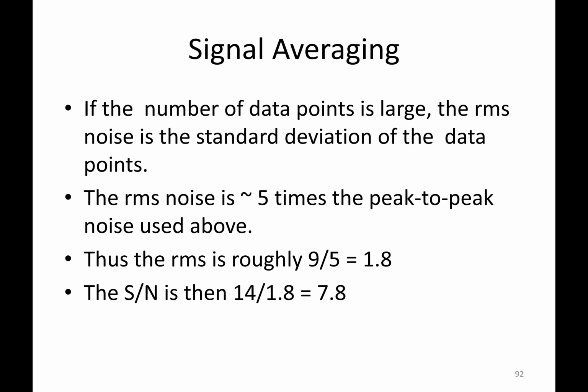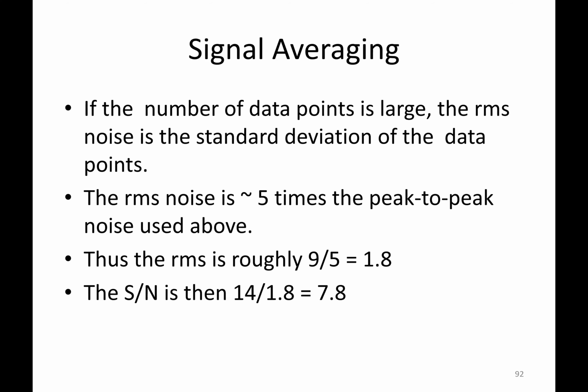And that means this example is illustrating the fact that if the number of data points is large, the root mean square noise is the standard deviation of the data points. If it's large, we're together there. If it's large, then how do we calculate that noise? We take the root mean square noise as 5 times the peak-to-peak noise.